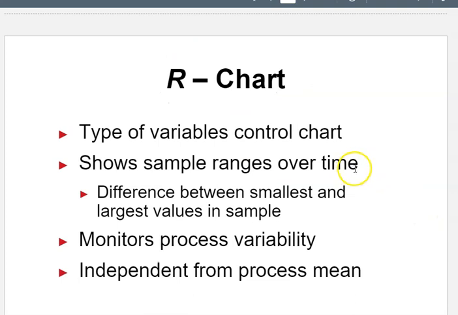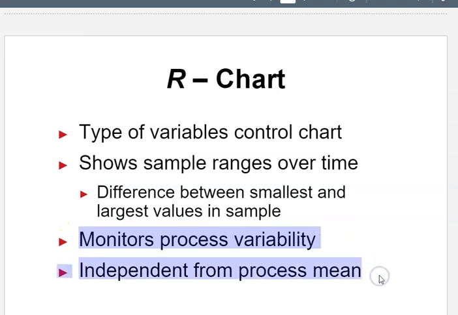Alright, next is the R chart, or range chart, right? It is a type of variables control chart that shows sample ranges over time, the difference between the smallest and largest value in the sample. It monitors process variability, and it's independent from the process average.